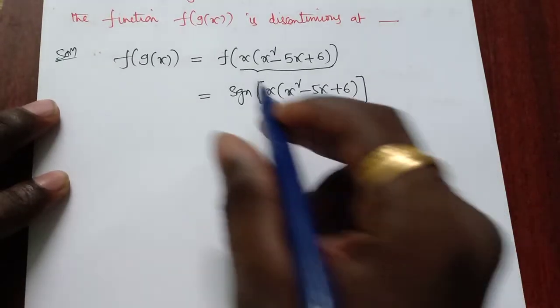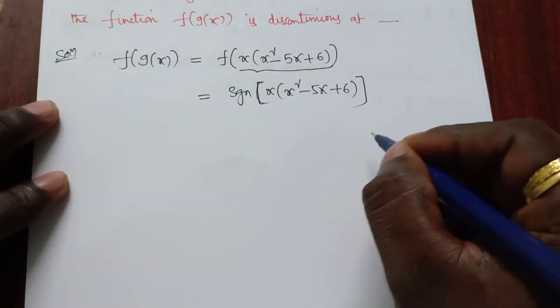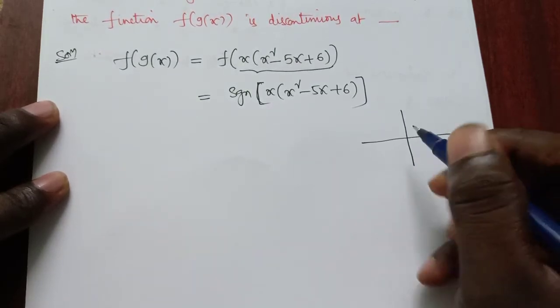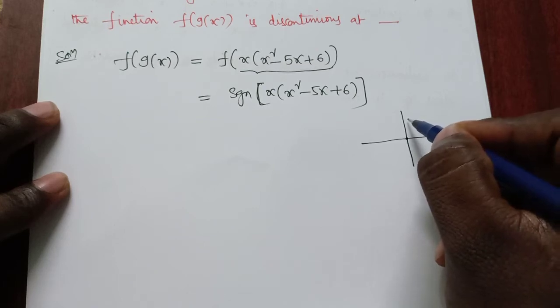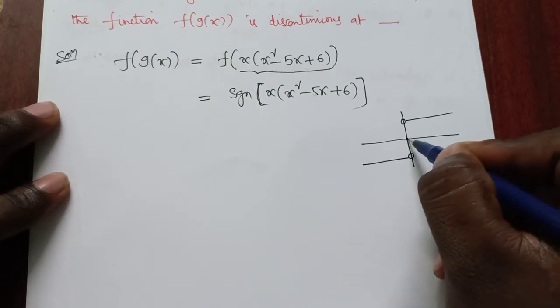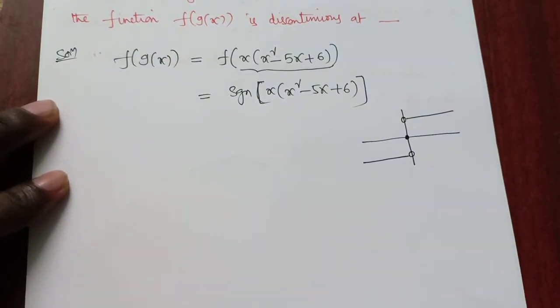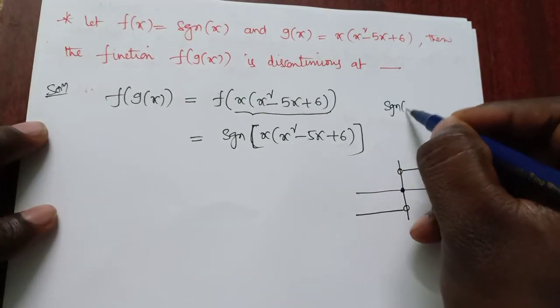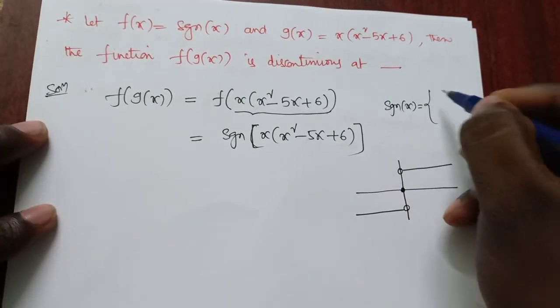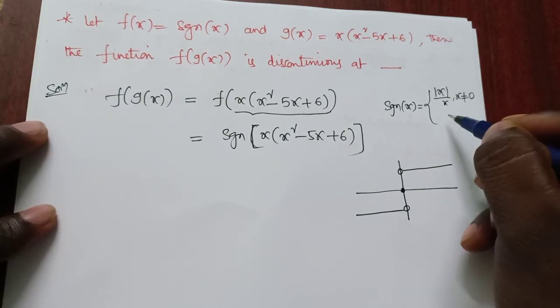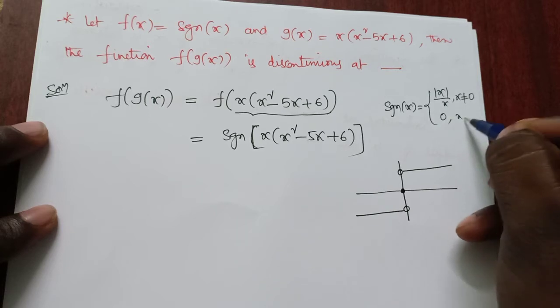Now coming to the discontinuity of the signum function. So what is the graph of the signum function? It should be like this, which means the signum function is like this. Signum of x equal to mod x by x if x is not equal to 0, and 0 if x equal to 0.